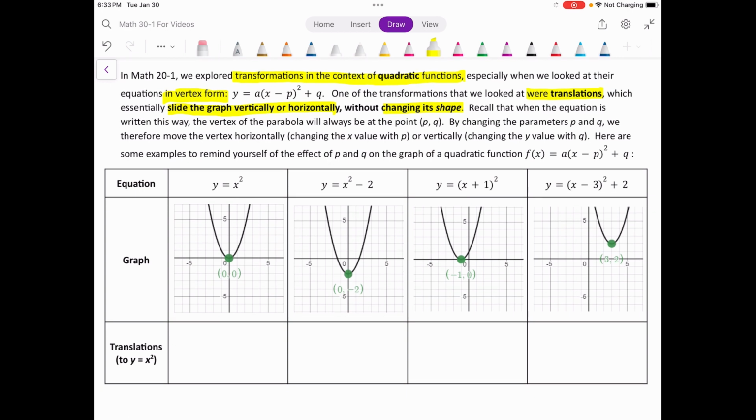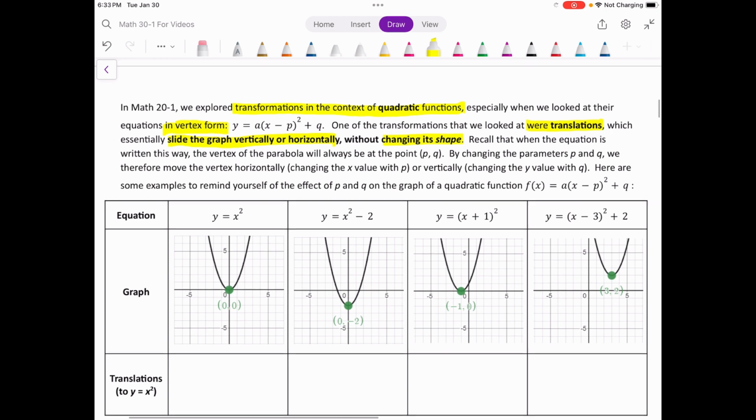So recall that when the equation is written in this vertex form, right? The reason we call it vertex form is that just by looking at it, we can pick out where the vertex of the parabola would be. And again, recall the vertex of a parabola is the point where it changes direction on the y-axis there. It's where you'll find a min or a max for the y value, right?